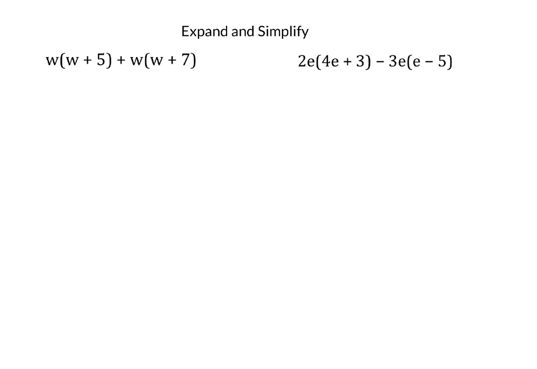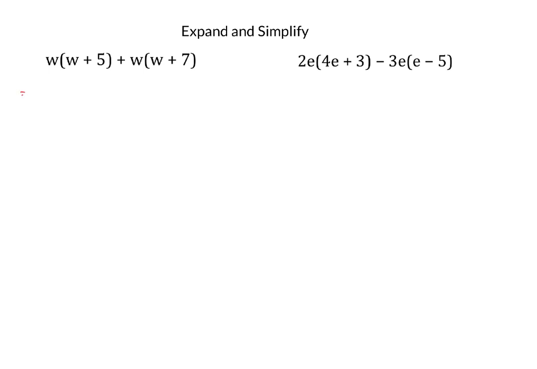You may not be asked just to expand just one bracket. You may be asked to expand and simplify a couple of brackets. So the example on the left here, we have w multiplied by a bracket plus w multiplied by another bracket, and they want you to expand and simplify. So all you do is you expand them separately and then you add them together.